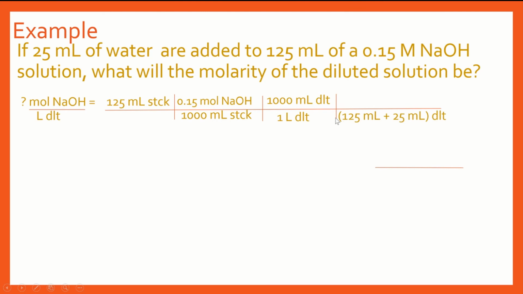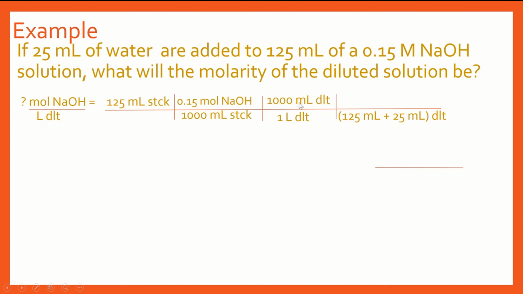And finally, my dilution is going to have a total volume of 125 milliliters plus 25 more milliliters of water, and that's all for my dilution. Again, I know to put that on the bottom because of my factor label. I've got the 1,000 milliliters of dilution up here. I want the 1 liter on the bottom. If I had the 1 liter on the top, I wouldn't have moles per liter.